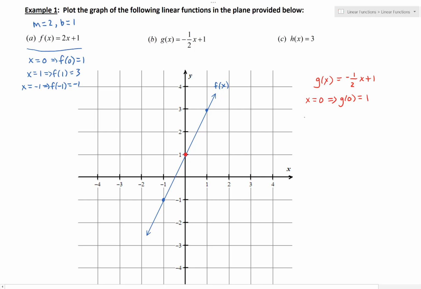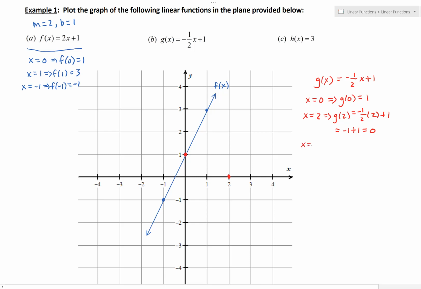How about if x is equal to 2? What do we get? Well, g of 2, plug it in, that's -1/2 times 2 plus 1, which is equal to -1 plus 1, which is equal to 0. So when x is 2, this function g is 0, so (2, 0). And then maybe one more.